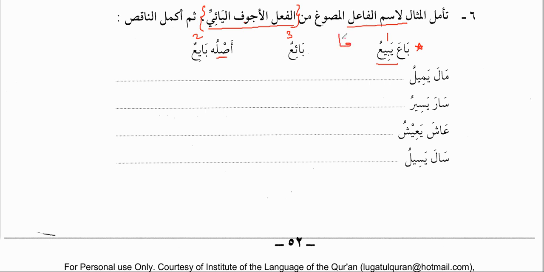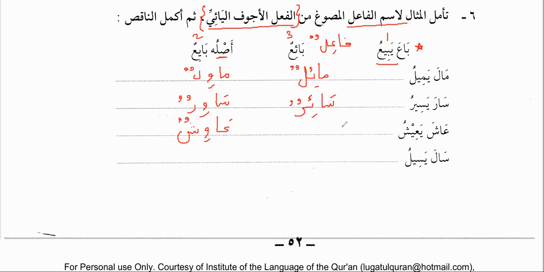Following the scale fa'ilun, let's make. So here it is given, the first one. So here now we will do mala. So mala will be ma vilun. It's the same and very easy. Ma ilun. Sara, sa virun, and we have sairun. Asha, awishun.